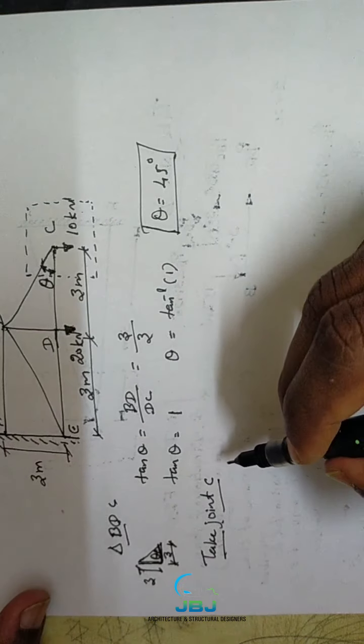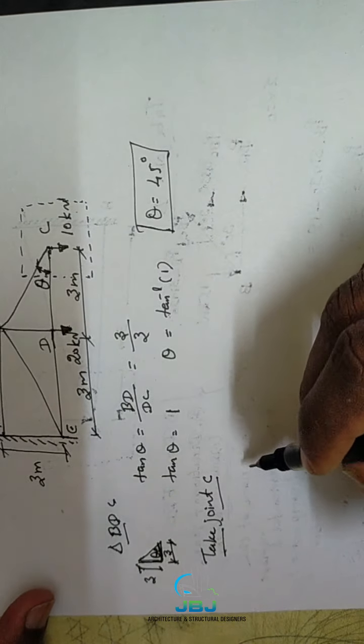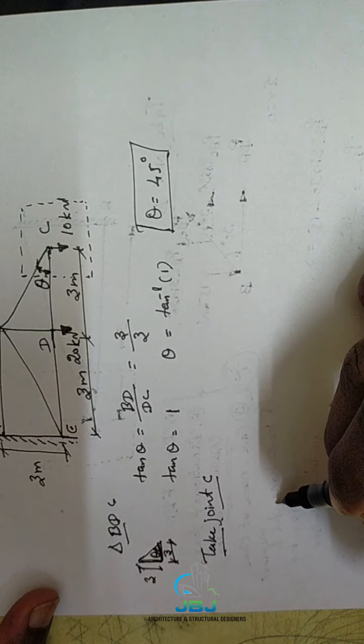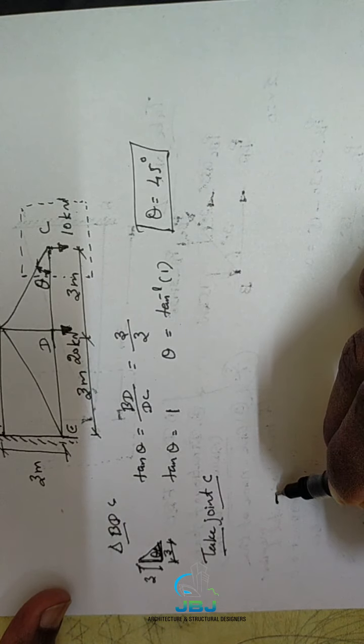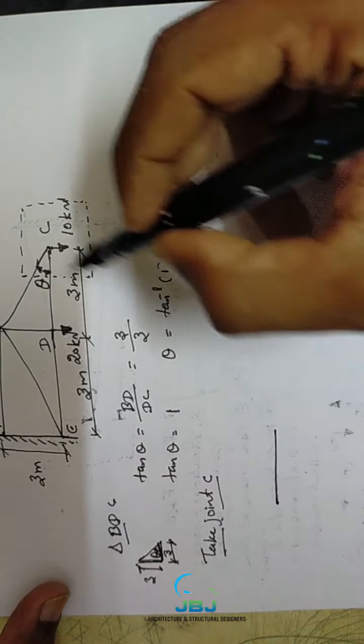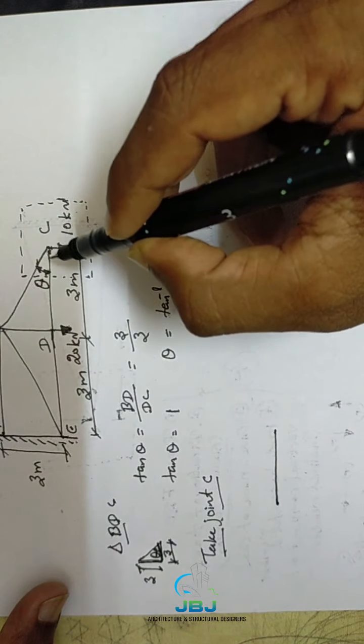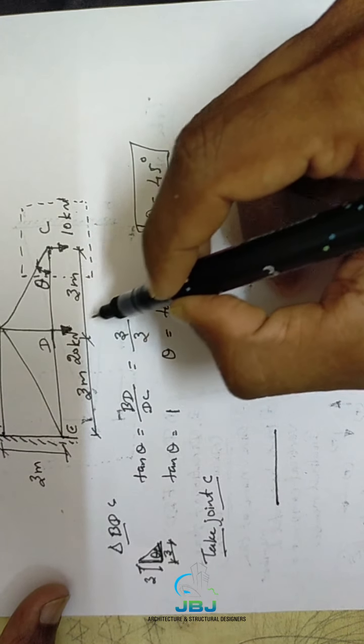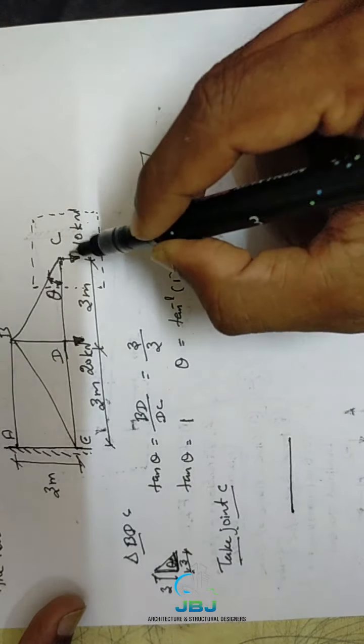After that, what will you do? Just draw the free body diagram of this particular joint. How can we draw this free body diagram? You're going to zoom in on this particular joint. No need to consider the other point load; just consider this joint only.